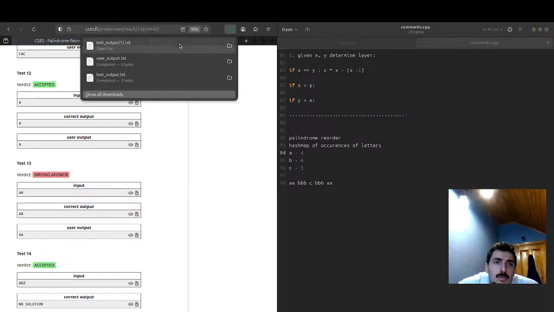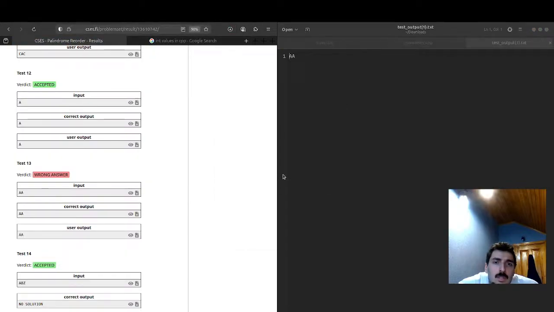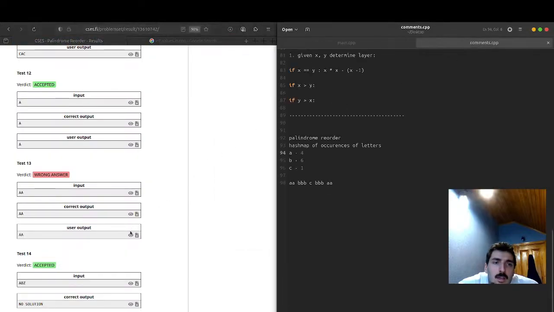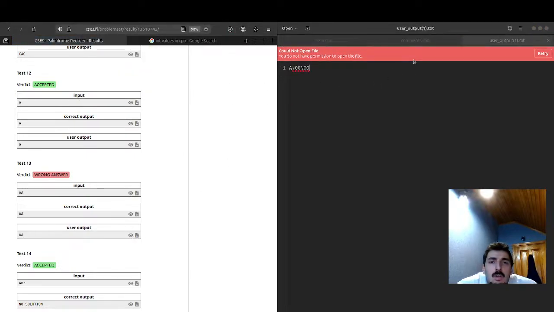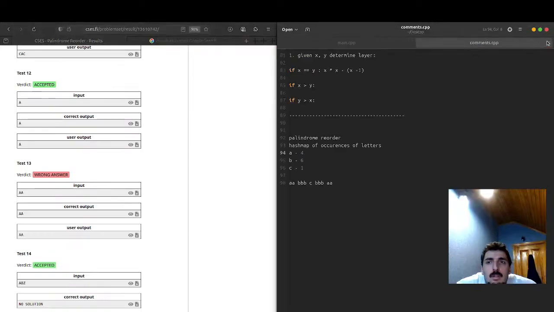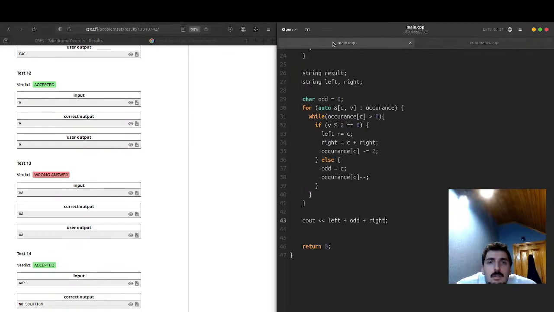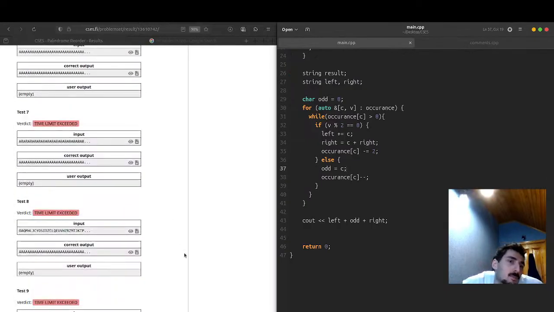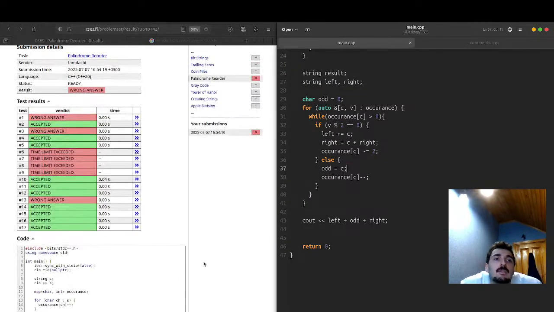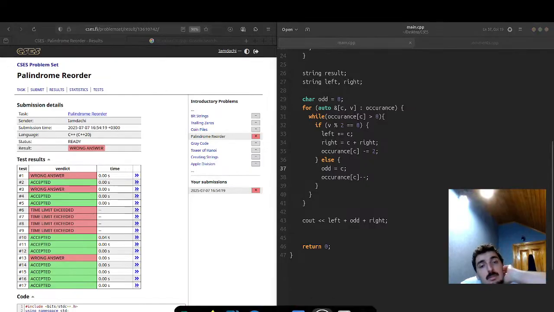Correct output, test output, A. User output, A and something else. So this is correct, man. This seems correct to me. I'll just get back to this because I don't have time today.